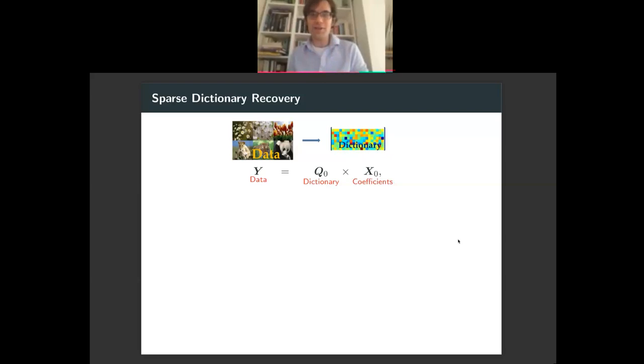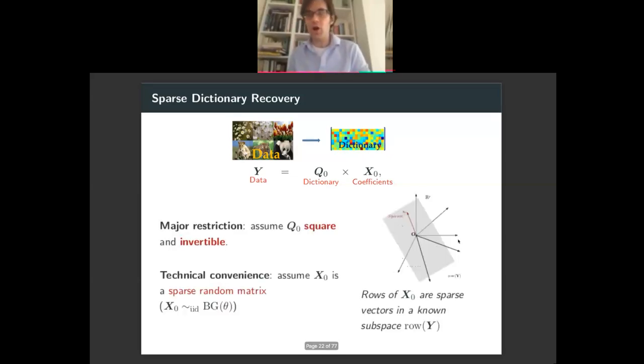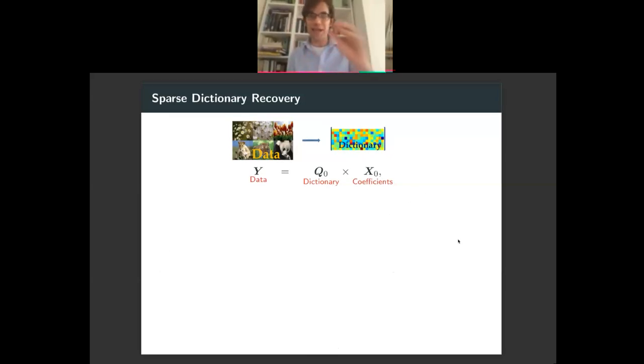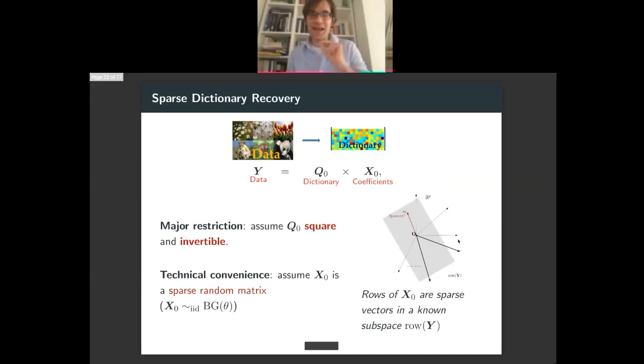Again, I'm going to make two assumptions here. One of them is kind of major and structural, and the other is a technical convenience for doing math. It's basically a concession to the limitations of our reasoning abilities. The major structural concession is, as we discussed before, I'm going to make the dictionary Q0 square and invertible.